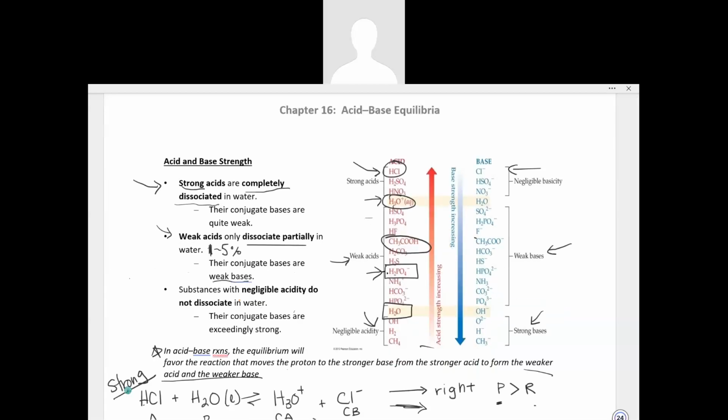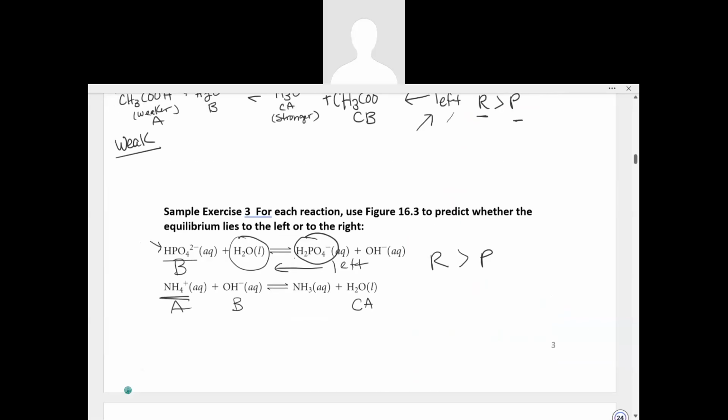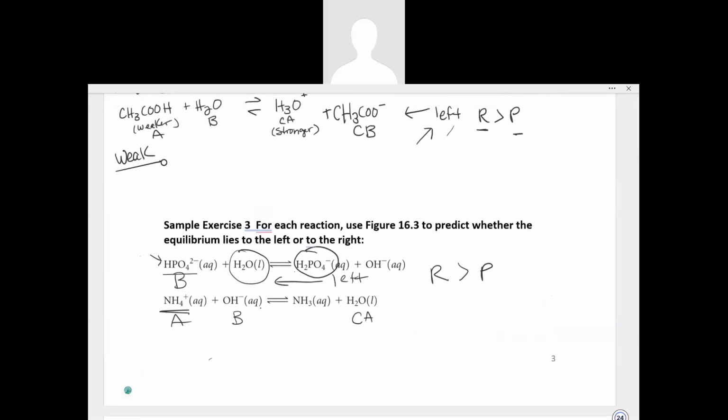So ammonium is right here. So that's going to be stronger than water. So we're going to move away from that, right? The equilibrium will always shift away from the stronger acid. So now we're going to shift right, and we will predict more products than reactants at equilibrium.